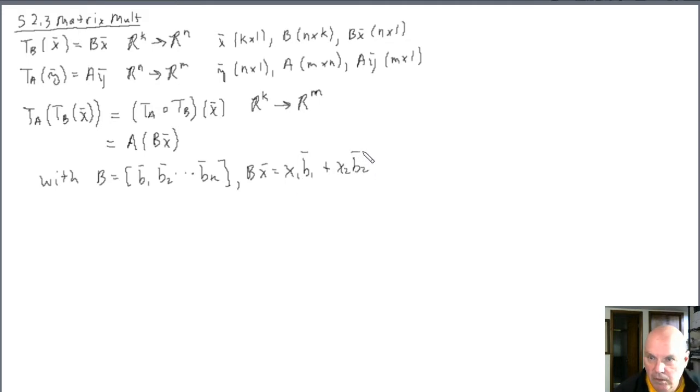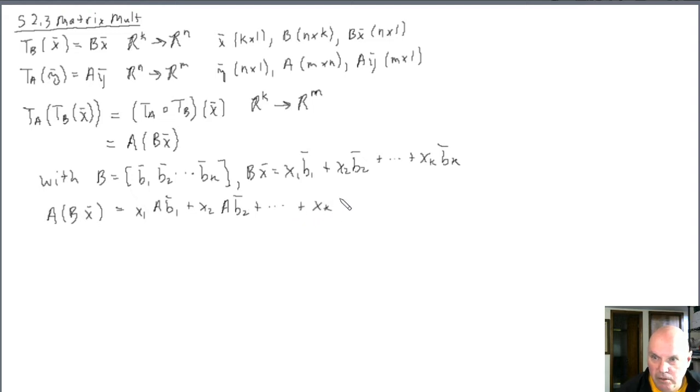Then A times Bx can be written as x1, which is just a constant, times A times b1, plus x2 times A times b2, plus dot dot dot plus xk, again just the kth element of our original vector, times A times bk.